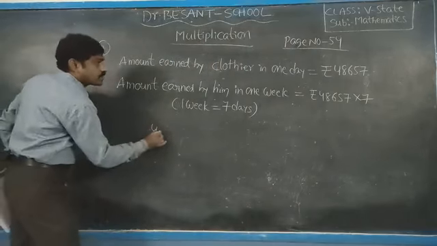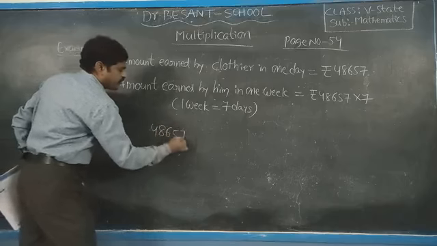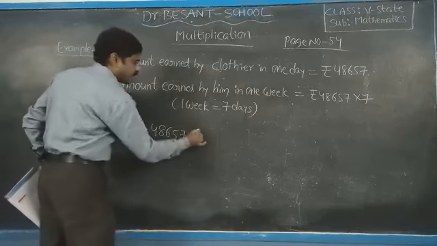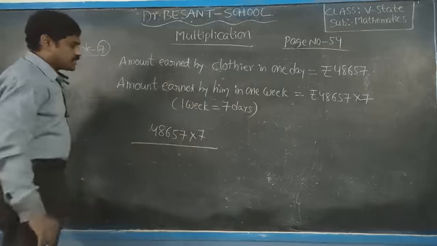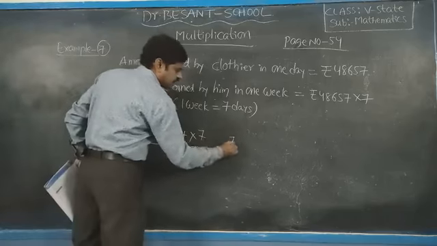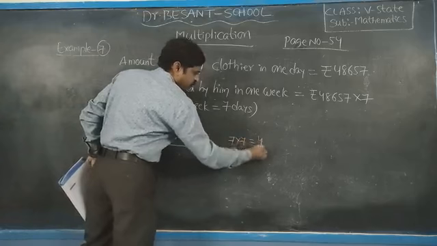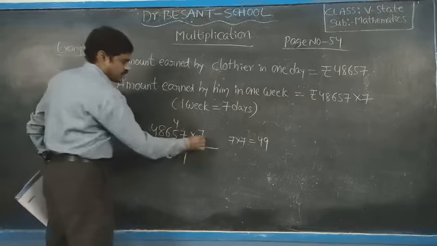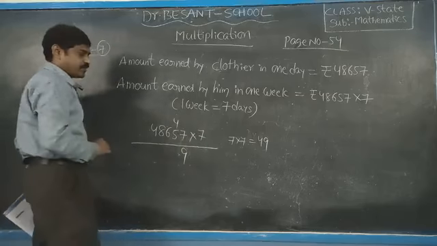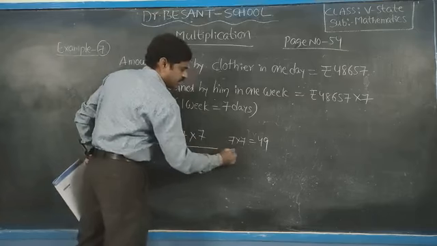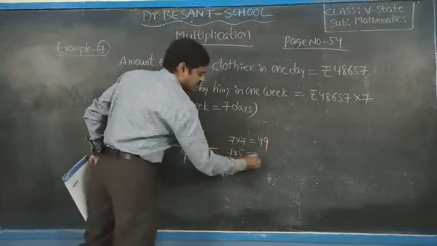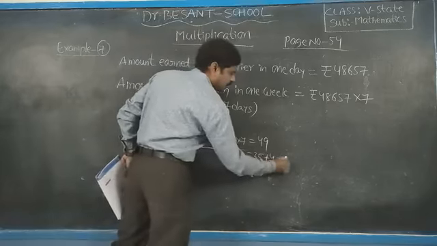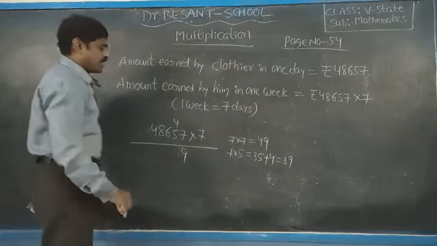So 48,657 into 7. 7 7s are 49, 9, carry 4. 7 5s are 35, 35 plus 4, 39.